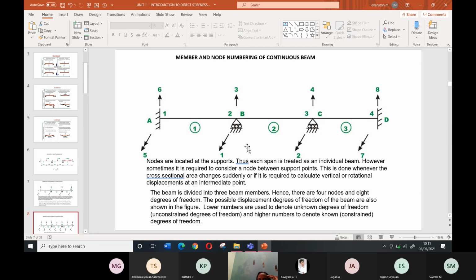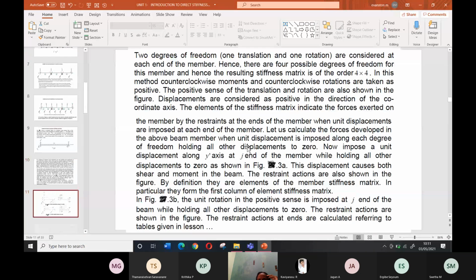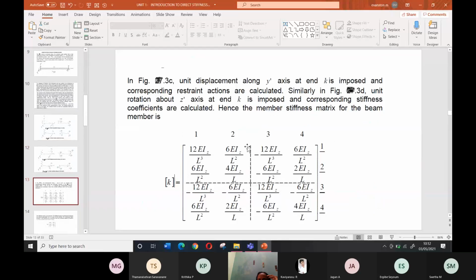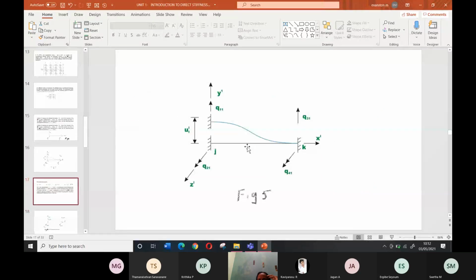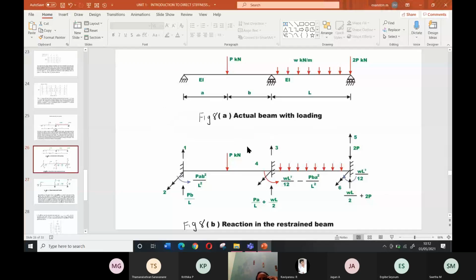For example, equivalent joint loads are, for this one, if a load P is equal to 10 kilonewton is given, what is the equivalent joint load at A? Equivalent joint load at A is the reaction PB by L, and the moment is PAB square by L square. A and B are given in the diagram.